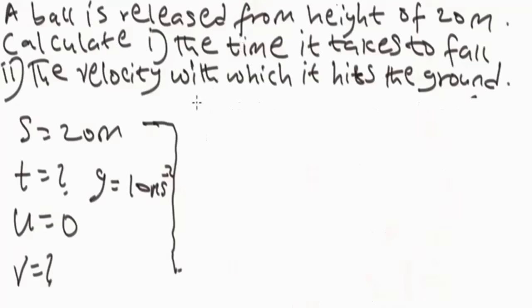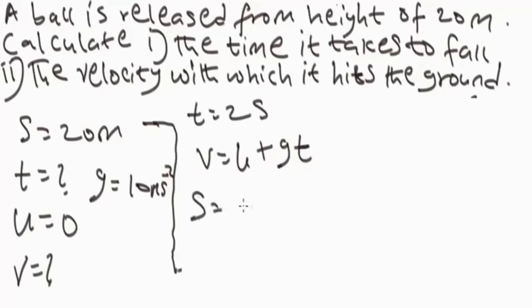Okay, so we now know our t is 2 seconds. Now to get the v, the final velocity, we can either use v equals u plus gt, or you can use x equals v plus u over 2 times time.